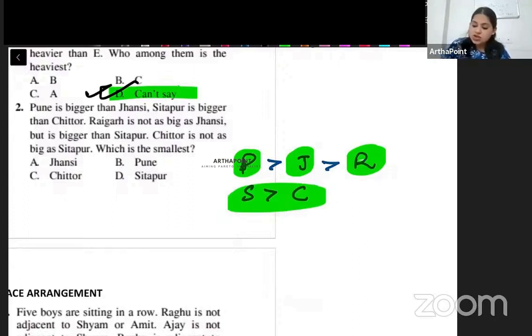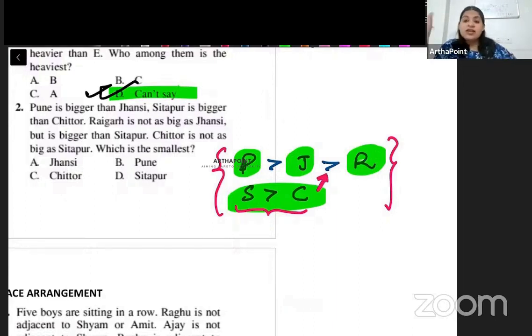In this relationship, Raigad would have been the smallest, but Raigad is not an option. So in that case, the only thing that we find the smallest, and it does not say we can't say, is going to be Chittor. So I am going to go ahead and say that the answer is C.